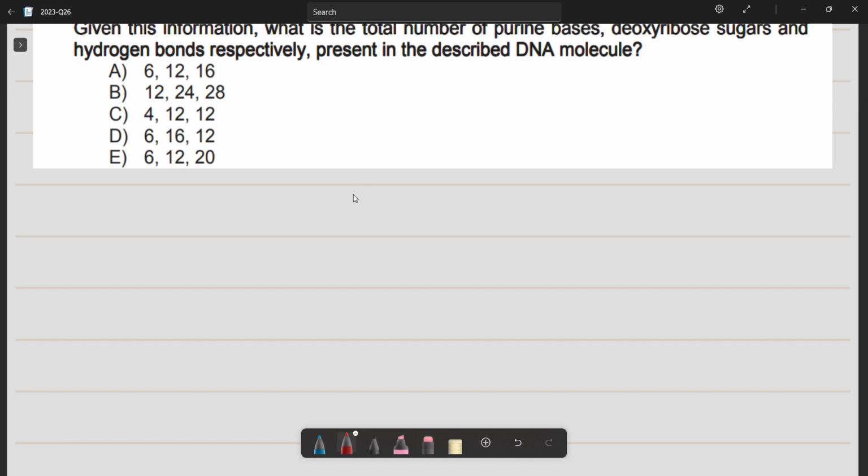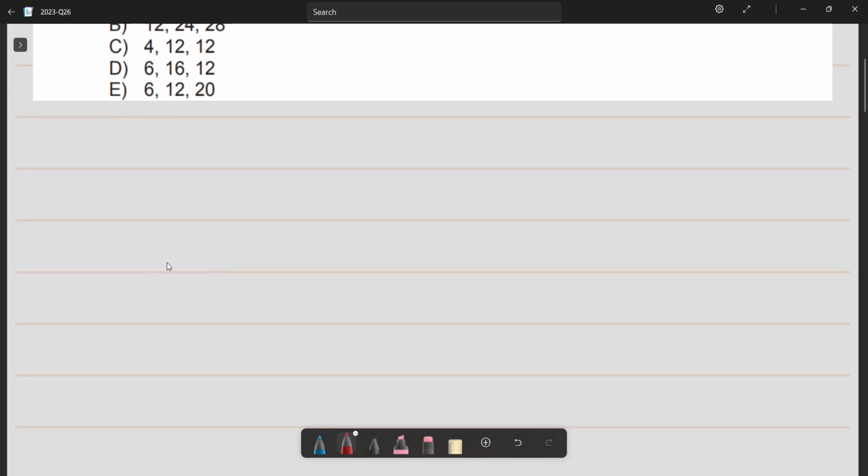recall the basic definition of DNA and most importantly the structures that make up the DNA molecule, the components of the DNA molecule. Okay, so DNA molecule is a very common term. So we know DNA molecule is basically a molecule that carries genetic information that makes up the organism.